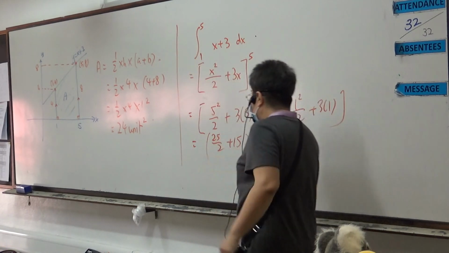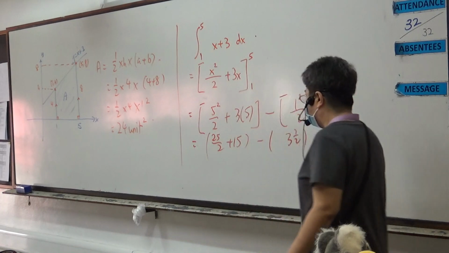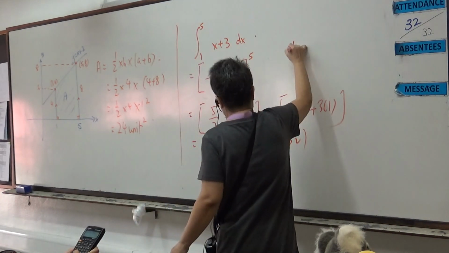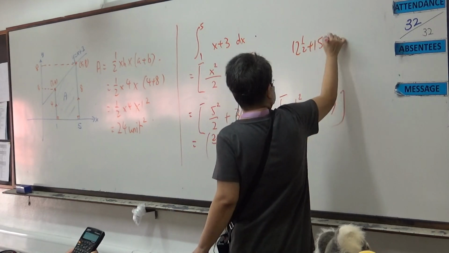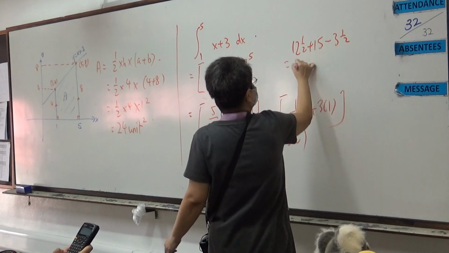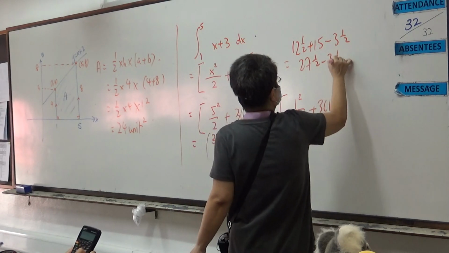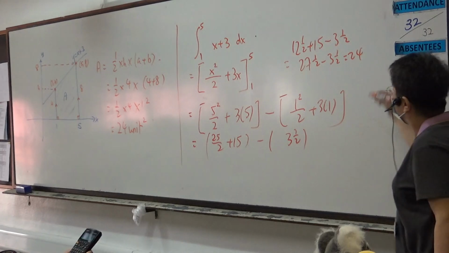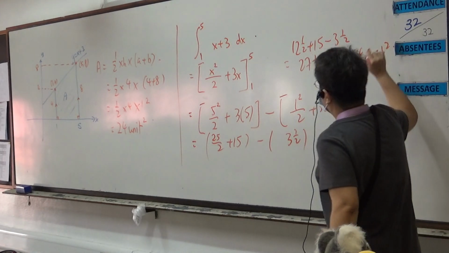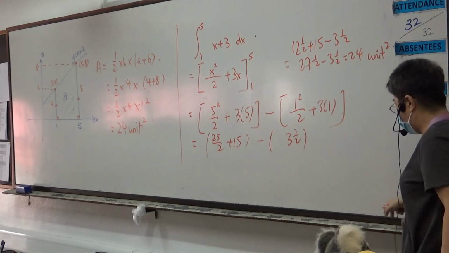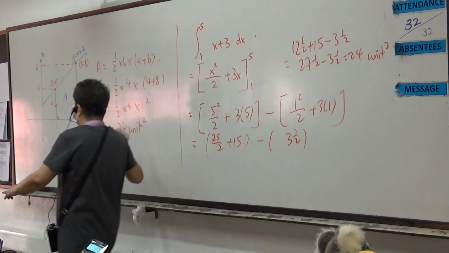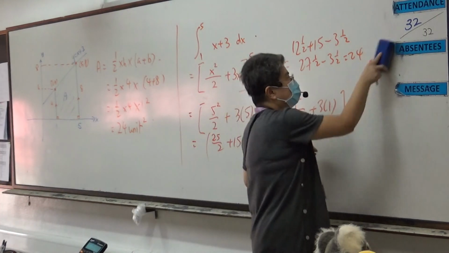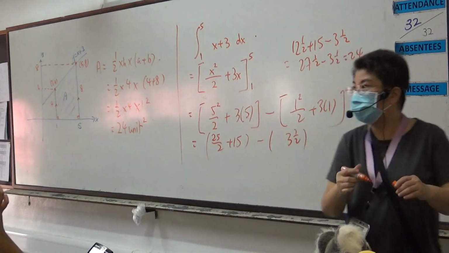Can you all keep your calculator? What's this? Can you see you get 24? But because they didn't talk about area, this is just a value.